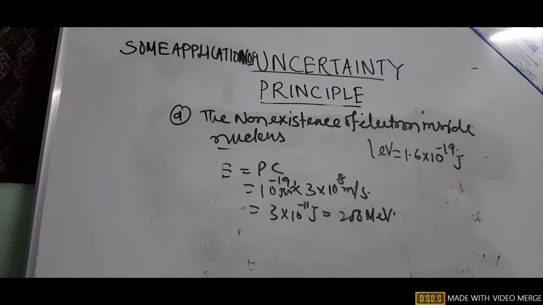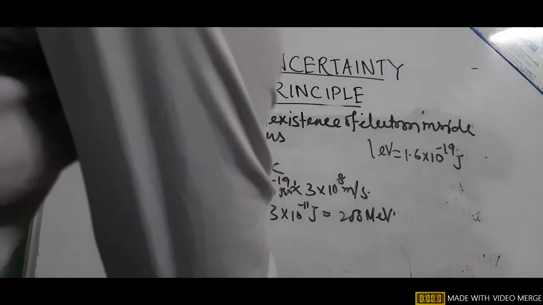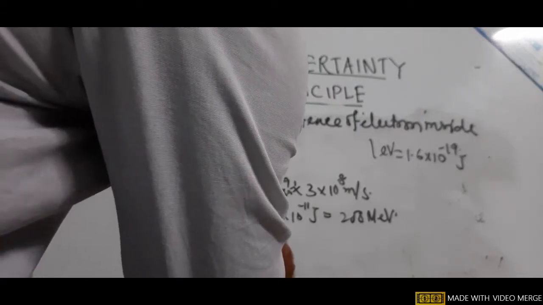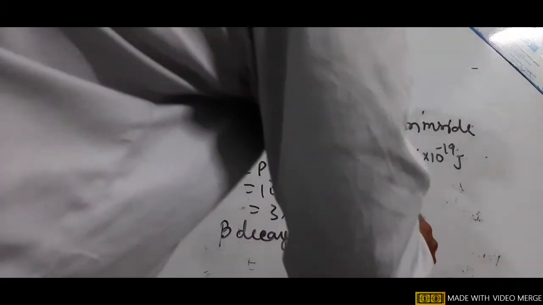But experimentally we find that during the beta decay of a nucleus, the energy of the emitted electron is nearly 2 to 3 million electron volt.